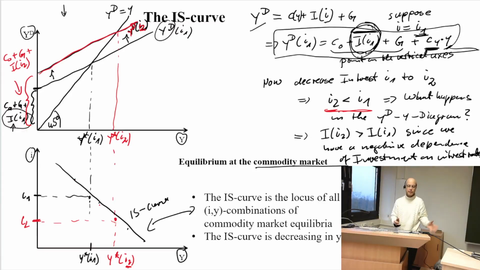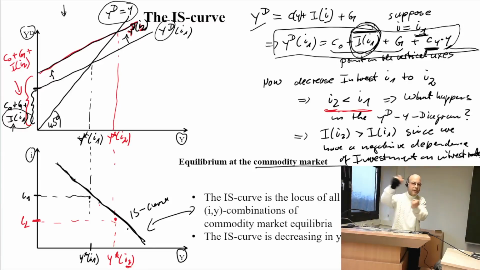So on this line, we find all possible combinations of income and interest rates where the commodity market is in equilibrium. This is similar to what we did with our 45-degree line.